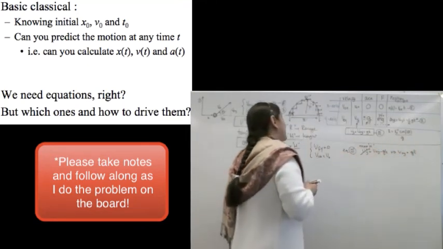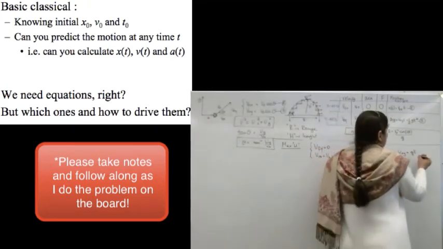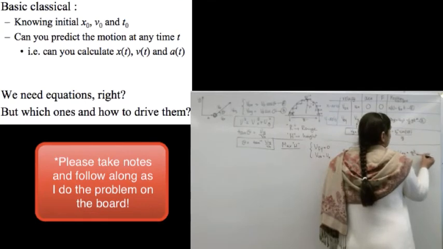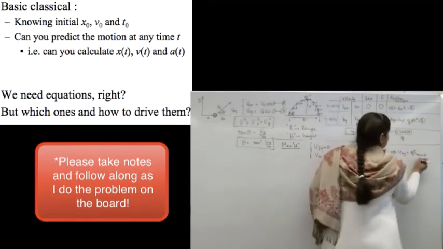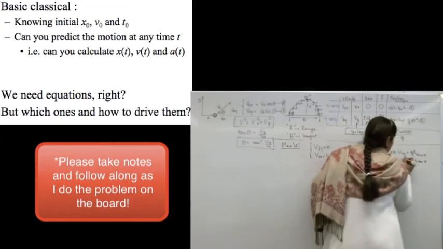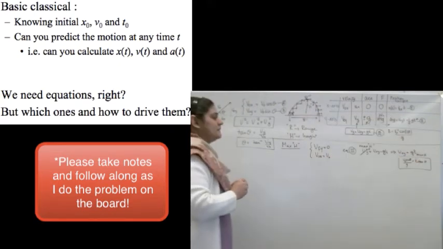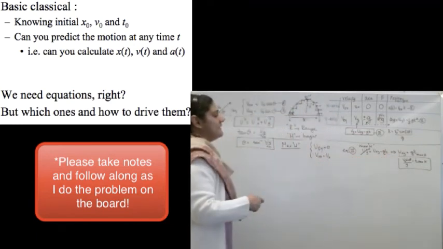Okay, now how does that help me? That helps me if I think that this is the time to maximum height. So time to maximum height equals V0 sine theta divided by g. And I put in the value for V0y in there.